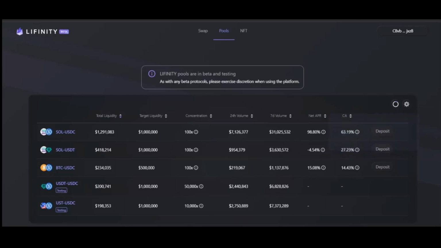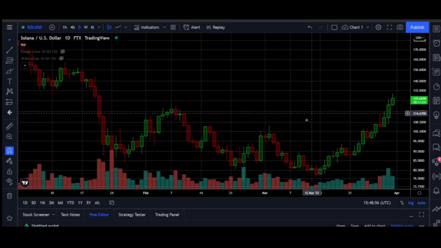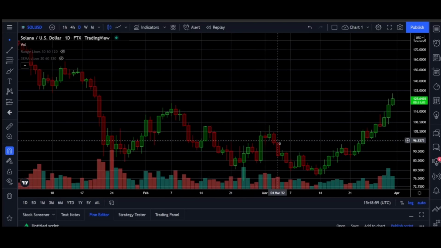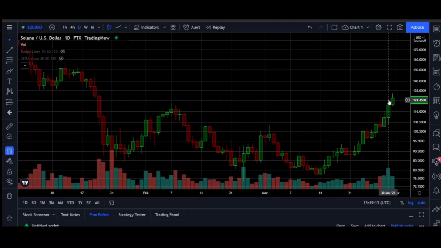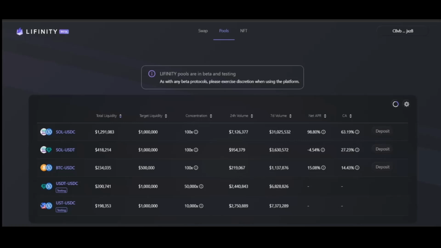And that was largely due to the fact that it had more time to generate that market-making profit, and it had some favorable movements here where it went down, then back up, and then down and back up, which is really ideal for us to generate market-making profit. Whereas for the SOL USDT pool, it just had up, up, up, up, up. So it had very little opportunity to generate that market-making profit.